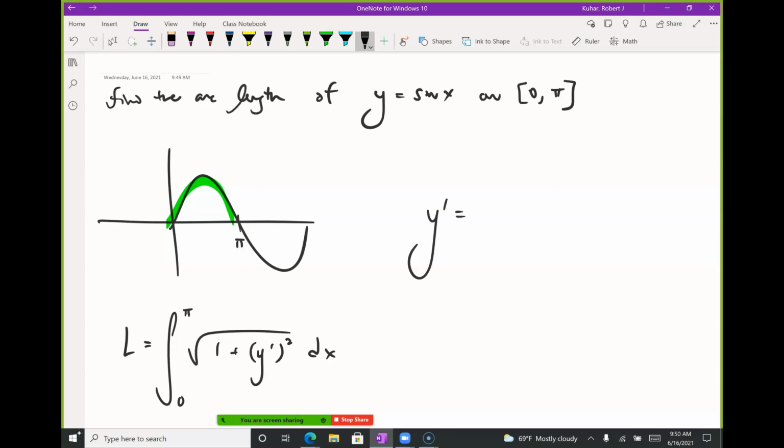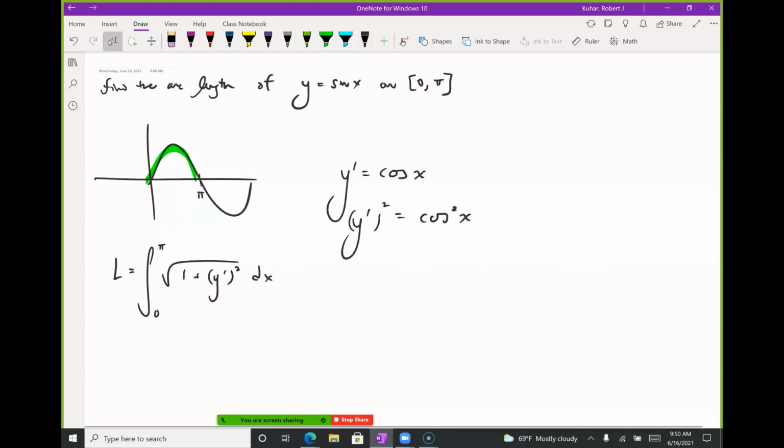The derivative of sine is cos, and then y prime squared is cos squared. Oh, that works out nice. But we do have a little bit of a problem here.